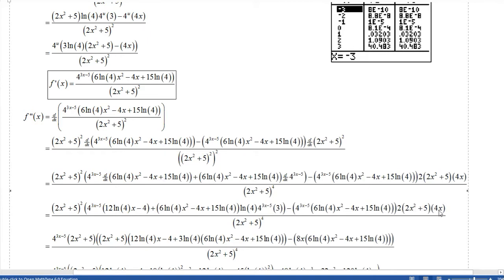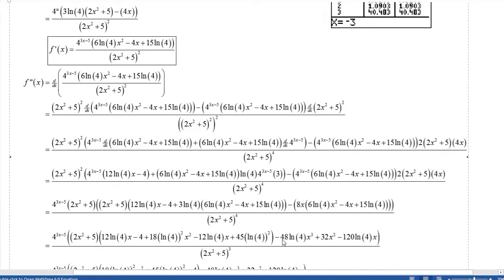But we still have this 2 times 4x is 8x times 1 is negative 8x here times this. Okay, let's distribute that on the last part here. Negative 8x times 6 is negative 48. Then we have this ln of 4: x times x squared is x cubed. Negative 4 times negative 8 is positive 32. x times x is x squared. And then 8 times this negative is negative 120 ln of 4 times x for that last term.